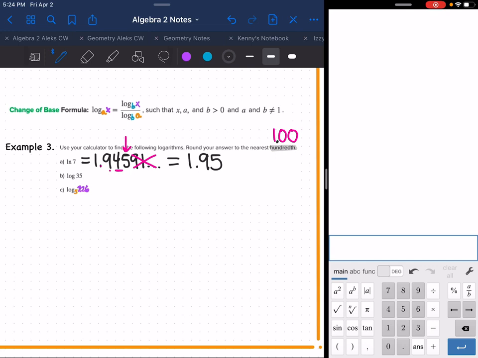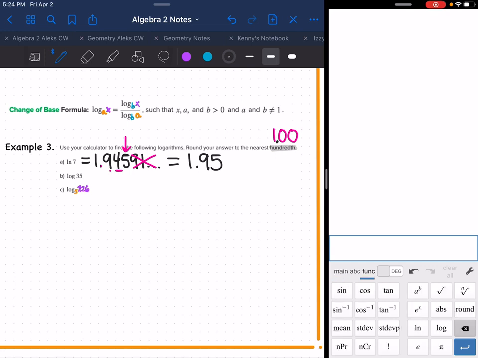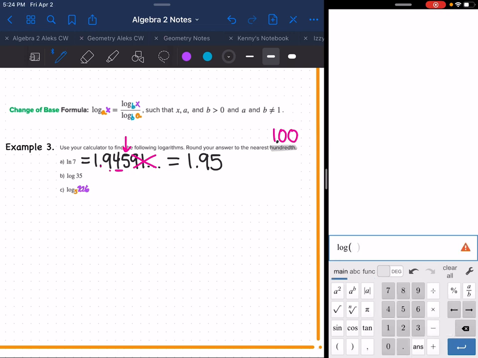So once again, I'm going to press the function, and I'm going to press the log this time. I'm going to go back to the main, and I'm going to press 35, and there we go. So for the second one, I have 1.55. You know what? Let me see, guys. Hold on a second here. Let me put it down here. It's getting kind of crowded. 1.54406, blah, blah, blah.